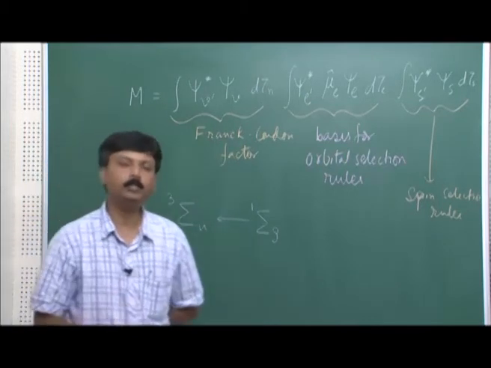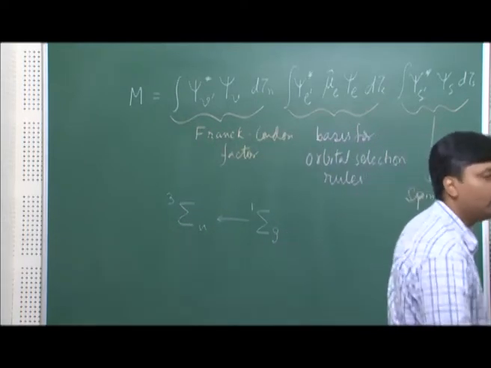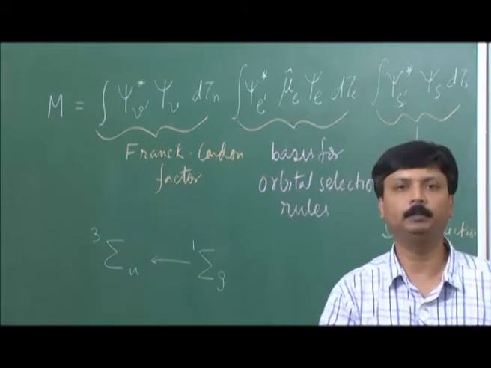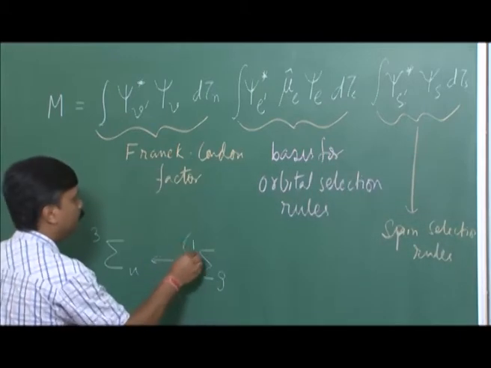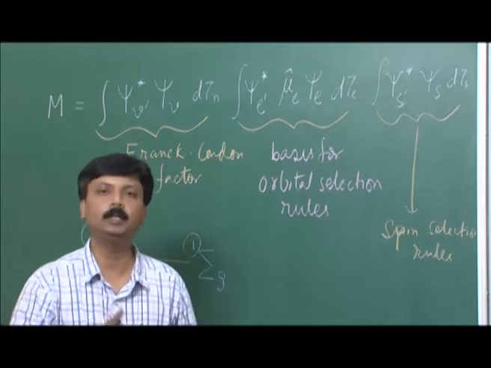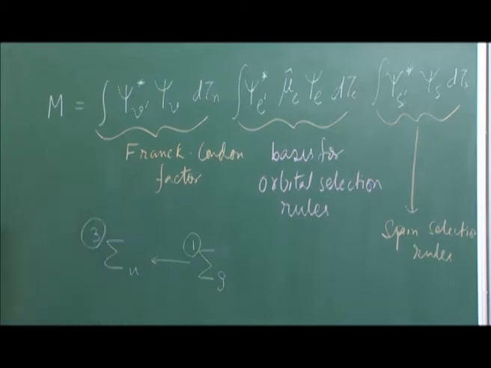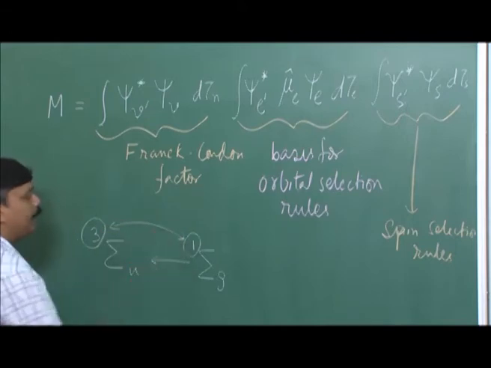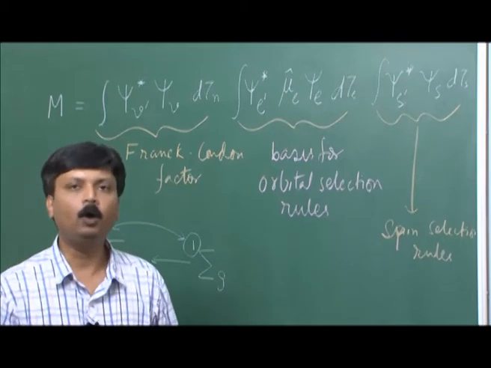In this kind of transition, to look for the allowedness, that is whether it is spin allowed or not, the only thing I have to look at is the spin multiplicities of these two states. If these two states have different spin multiplicities, they are going to be orthogonal, right?